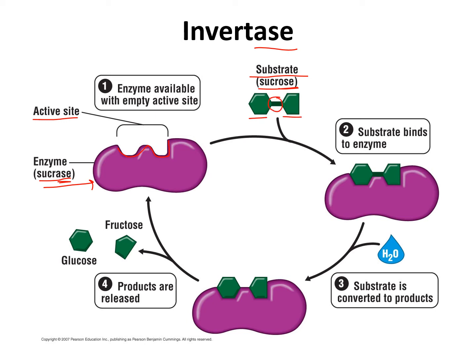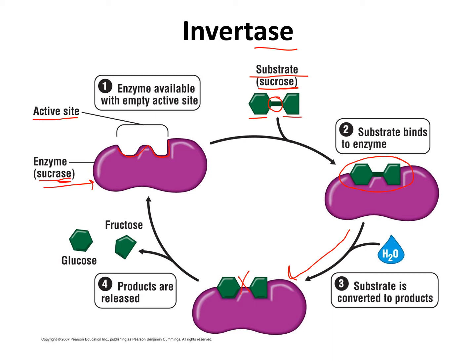So when sucrose is present with an active enzyme, the enzyme will bind to the sucrose. It will bind to the substrate at the active site, and it will catalyze the reaction of breaking that bond.